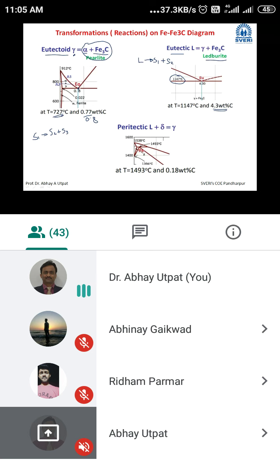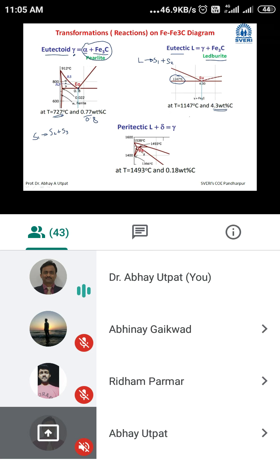So at 4.3% carbon, the cast iron is eutectic cast iron. Less than 4.3, hypo-eutectic cast iron. More than 4.3, hyper-eutectic cast iron.